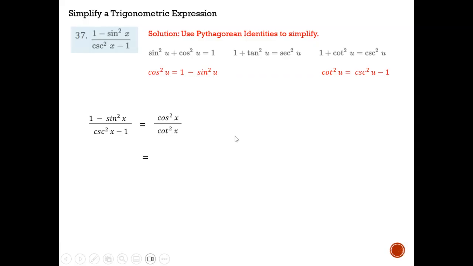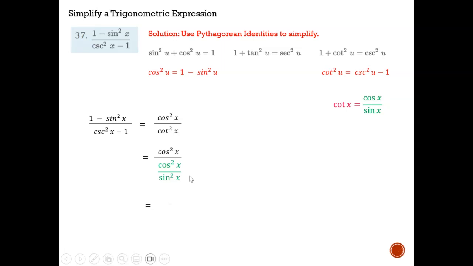Now, let's convert everything to sine and cosine and see what happens from there. So we keep the numerator, which is already in cosine and sine form. The cotangent, right? Oh, here we go. I wasted the last slide; I would have done it like this. Cotangent of x is equal to cosine over sine, so I'm going to replace cotangent with cosine x over sine x.